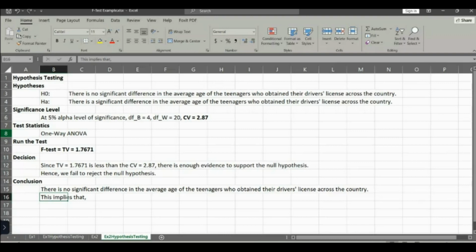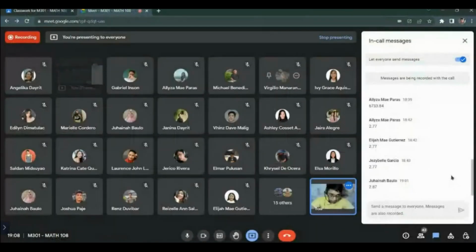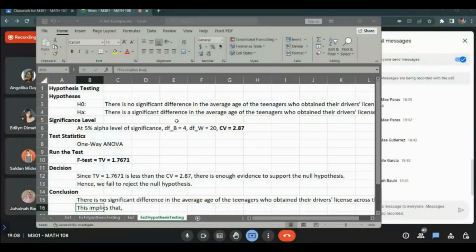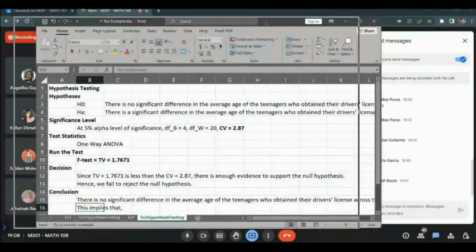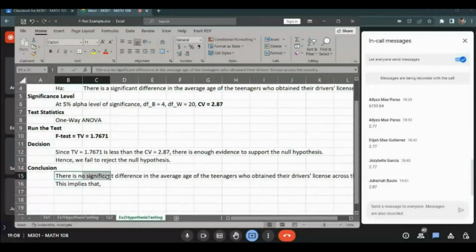Now, in the context of obtaining the driver's license among the regions, what does this no significant difference imply? Anyone? What's the implication of the null hypothesis?